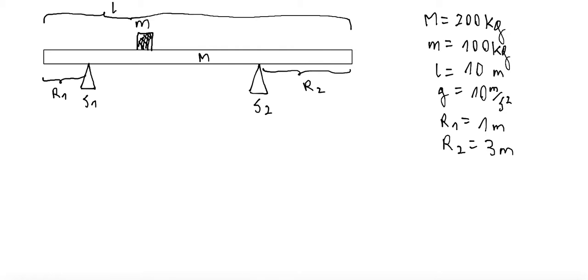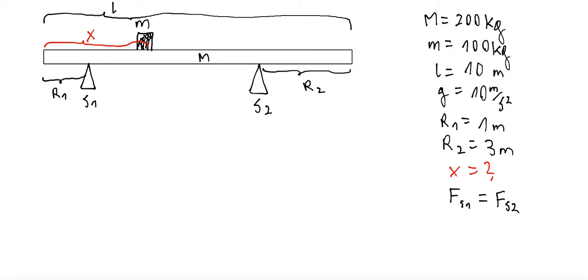And your task is to find the distance between the left end of the rod and this mass, let's name it x, for which the forces exerted by these two supports are equal. So the force created by support 1 must be equal to the force created by support 2. Is that clear? So again, we have a rod which is supported by two supports.